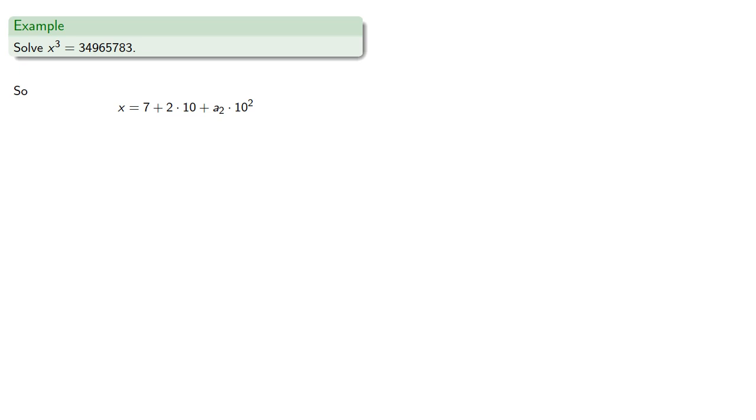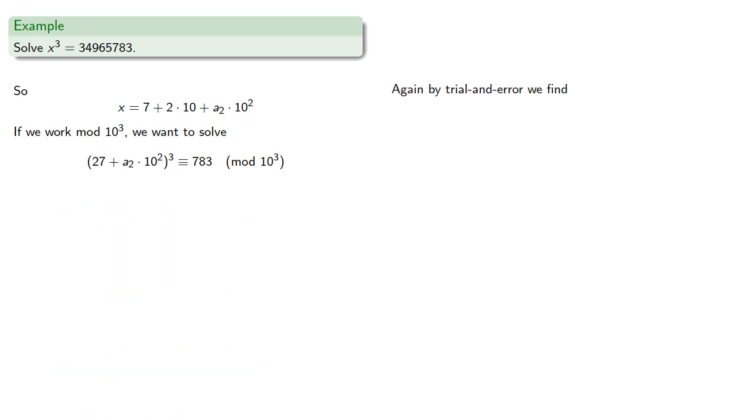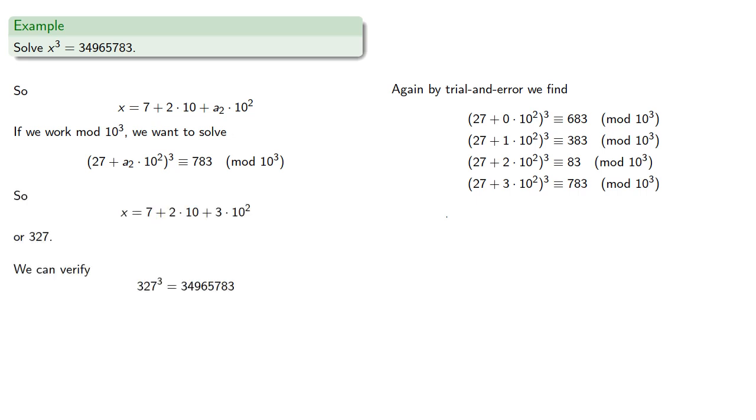So if we work mod 10 cubed, we want to solve 27 plus a2 times 10 squared, cubed, congruent to 783. Again, by trial and error, we find, and so a2 equals 3, and so x is 327, and we verify that 327 cubed is in fact our number.